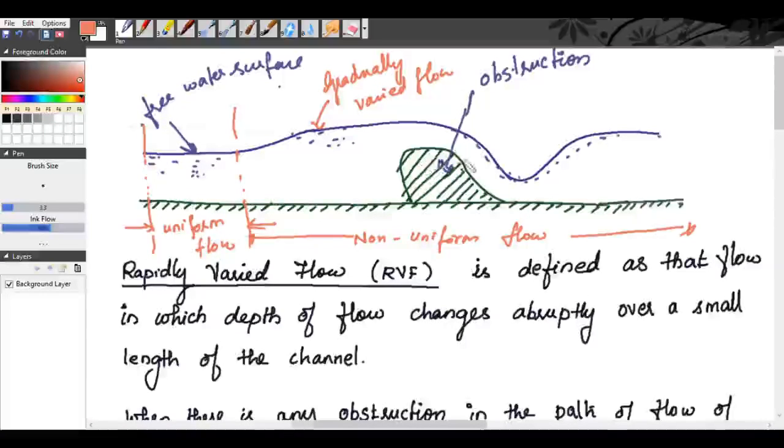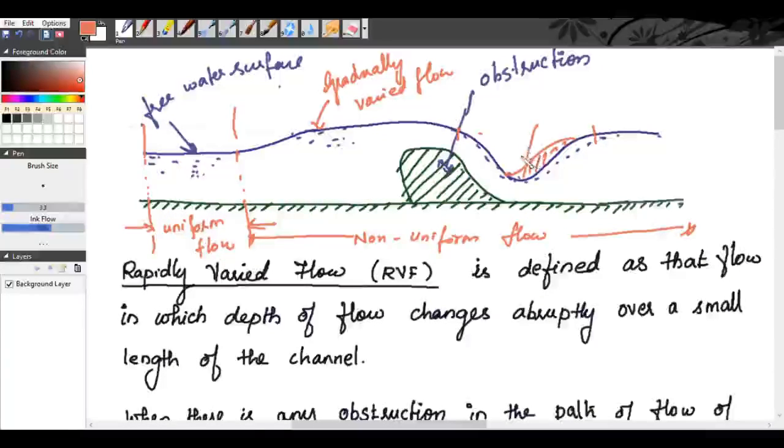Then when it comes to the obstruction, the flow comes down and then rises. So there is a sudden fall and sudden rise.